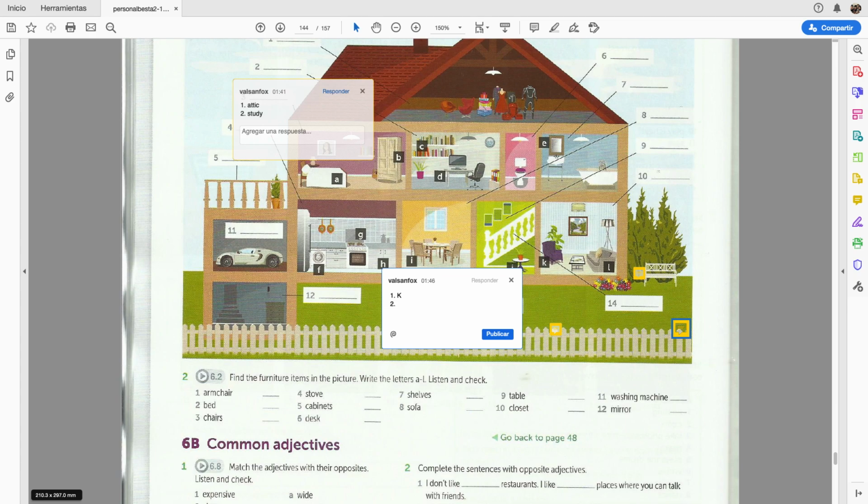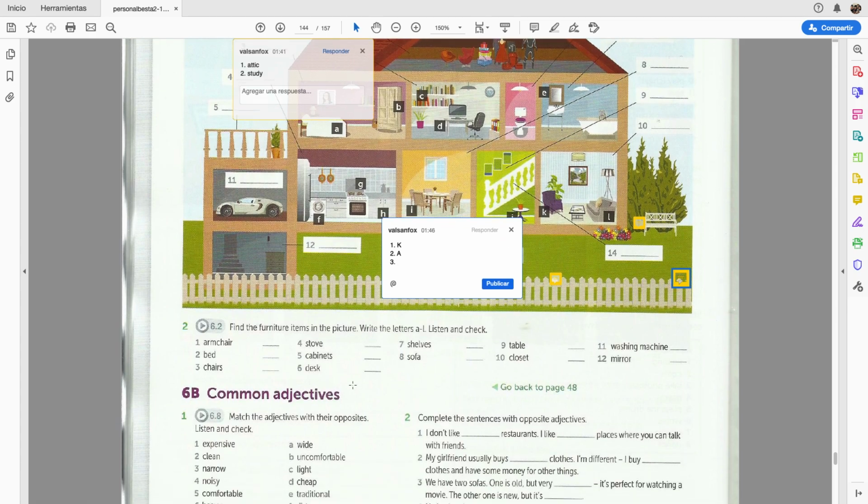Number two, there says bed. Where's the bed? If you look at it, letter A is the bed. It's where you sleep, right? And then in number three, it says chairs. That's very easy. Then we have here letter I.